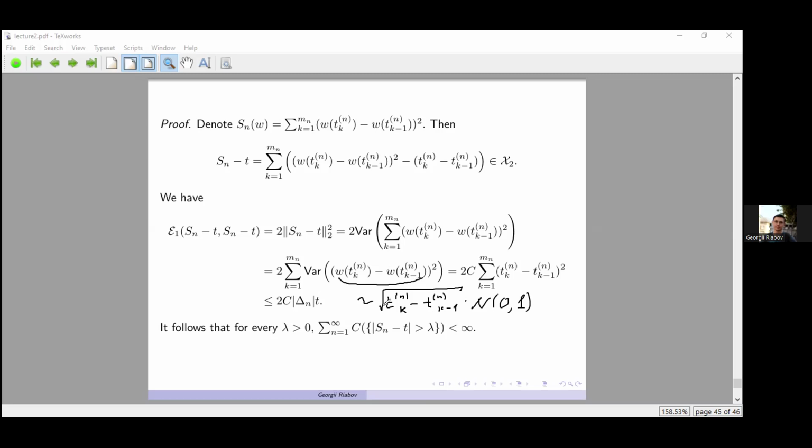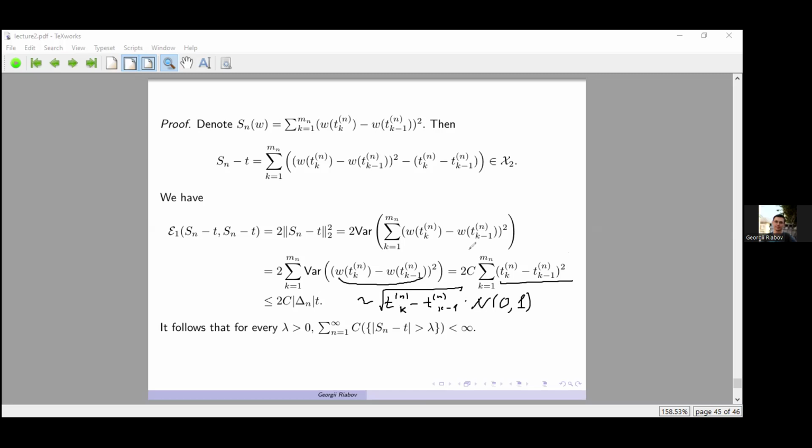When we take the square, the root disappears, and then we can take outside the difference t_{n,k} minus t_{n,k-1} from the variance, and it will give us the difference squared.